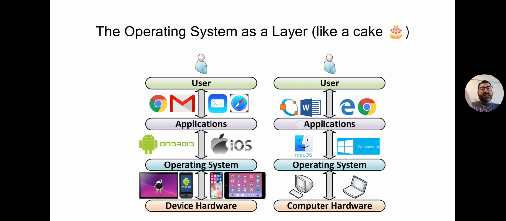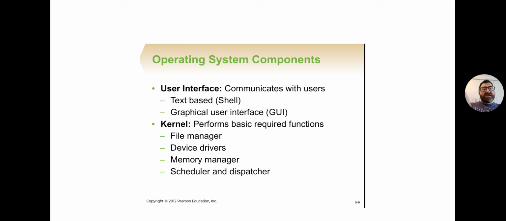So the user interface communicates with users. There's the text-based communication, the shell, and the graphical user interface, the GUI. The base layer of the operating system is called the kernel. I say base because it's the foundational layer, like the floor of a house, or the ground level of the house. So the kernel is the foundation of the operating system.